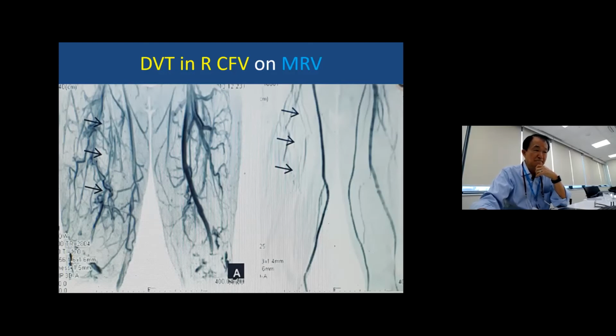That's peroneal. So here you have a superficial great saphenous vein. You see a lot of collaterals here, so blockage of the lower popliteal and all these collaterals.